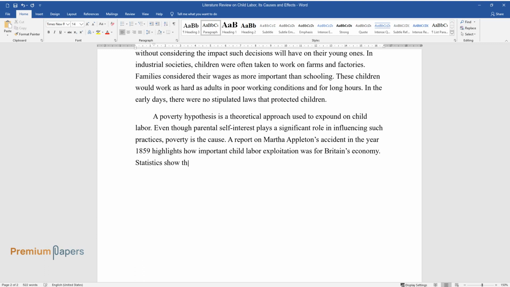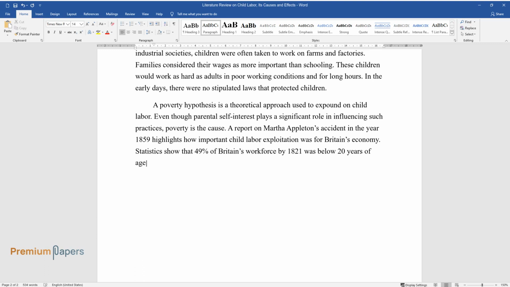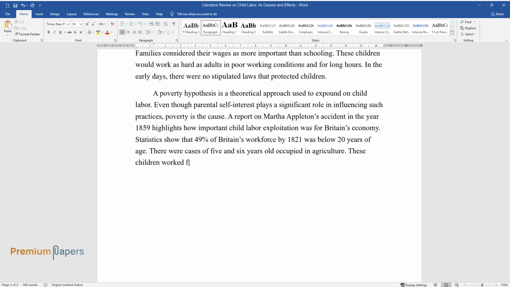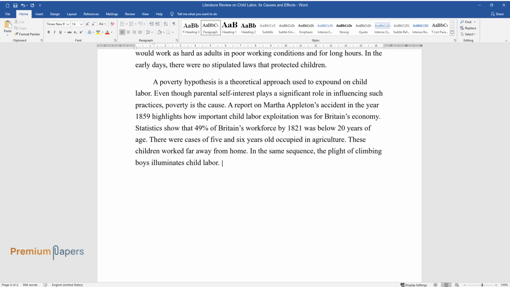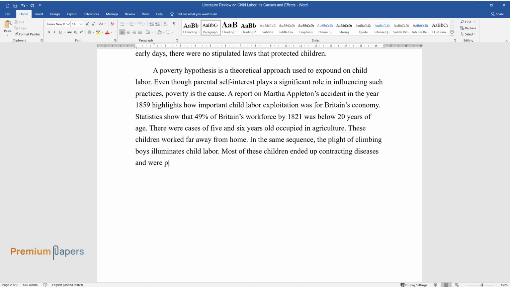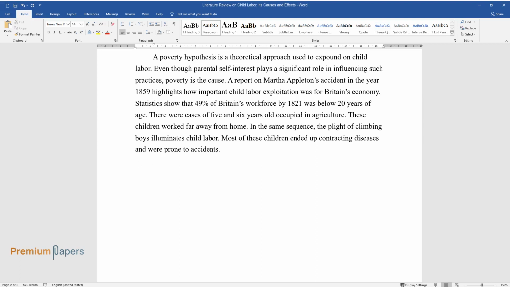Statistics show that 49% of Britain's workforce by 1821 was below 20 years of age. There were cases of 5 and 6 years old occupied in agriculture. These children worked far away from home. In the same sequence, the plight of climbing boys illuminates child labor. Most of these children ended up contracting diseases and were prone to accidents.